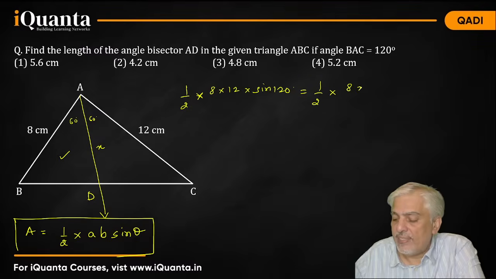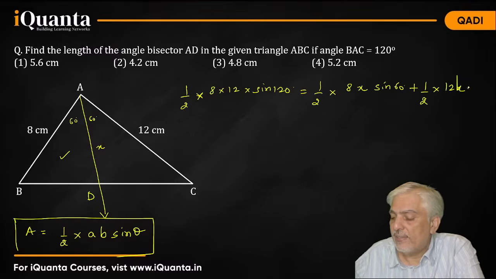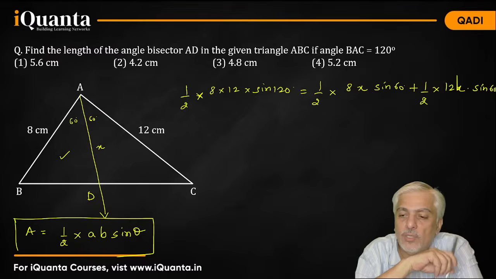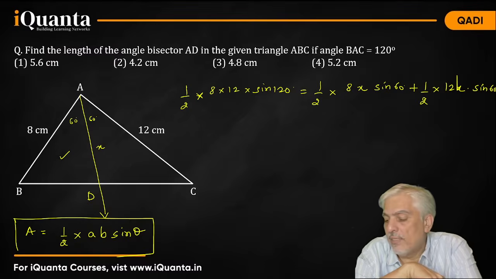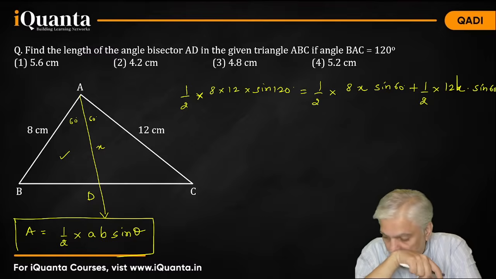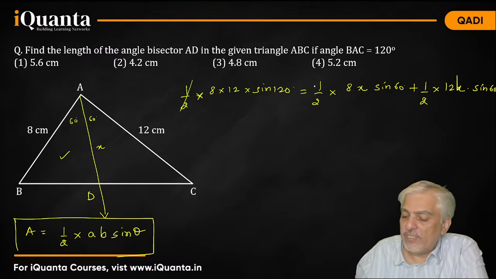Area of the second triangle is half into 12 into x into sine 60. Now half will cut out. So half cuts out everywhere, half common.